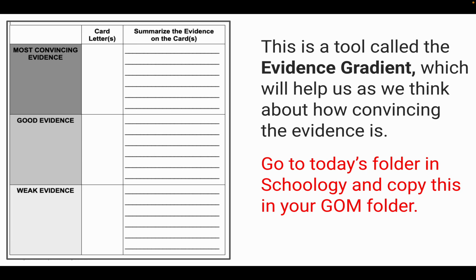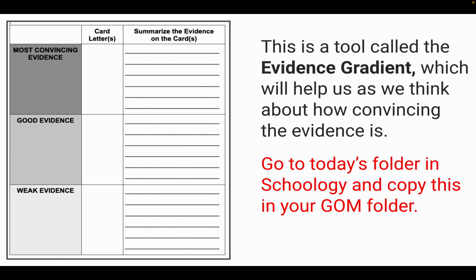So this is an evidence gradient tool, and it's going to help us organize our data or evidence so that we can find out how convincing it is. If you were at Springfield Elementary, this is familiar to you. You've used this before. If you're at Westmont, let me explain it real quickly. You'll see the different gradients, or the different color shadings of gray.